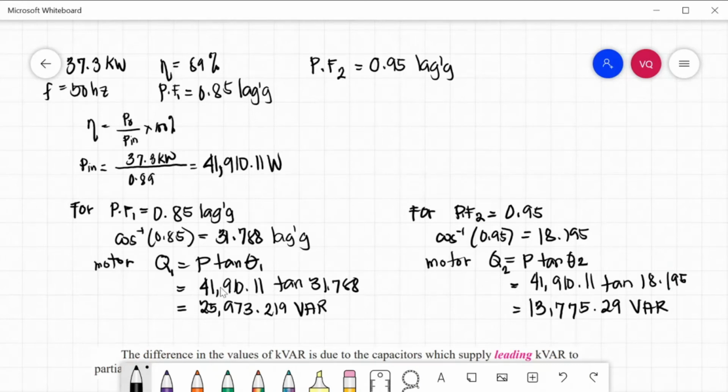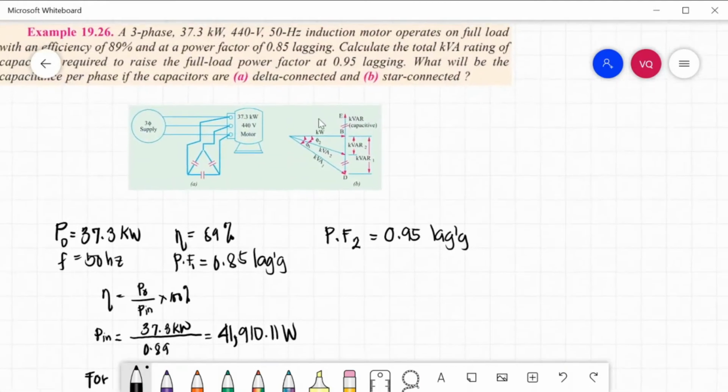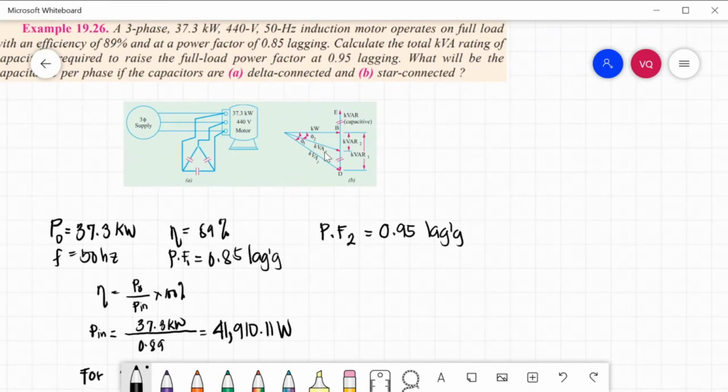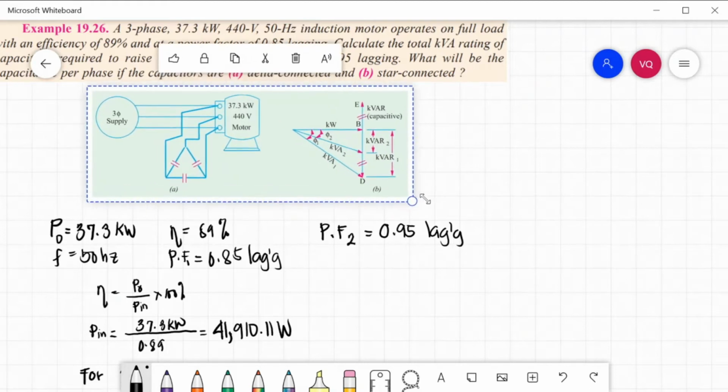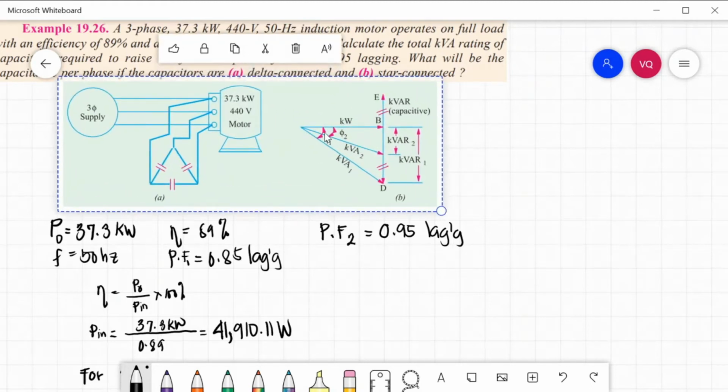Para makuha natin yung VAR or the reactive power, that is Q, kailangan natin ng power triangle. So this is our power triangle. The x-axis is of course our output power, the true power. Y-axis is our Q or reactive power, and the hypotenuse of the triangle is the apparent power. So, ito yung Q ng power factor 1 natin.